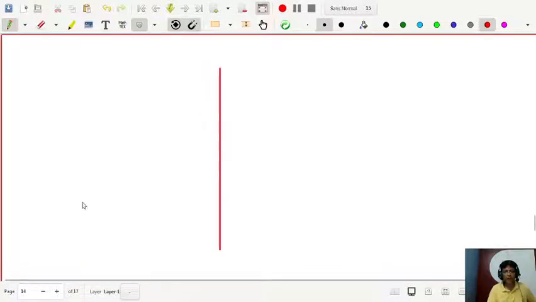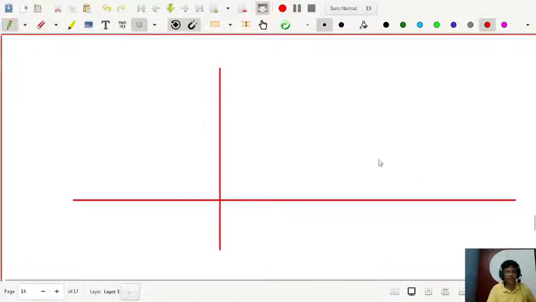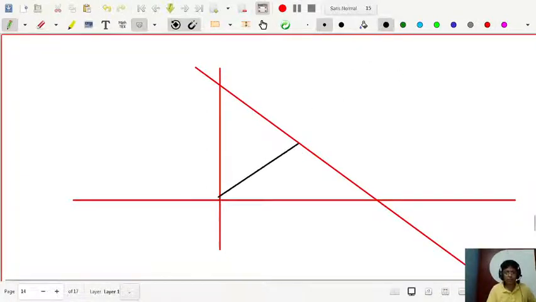So this is the coordinate axes, and this is the straight line, suppose, and this is the perpendicular from the origin, p. This is the perpendicular from the origin, and this angle is alpha. So this is the perpendicular OQ, suppose.